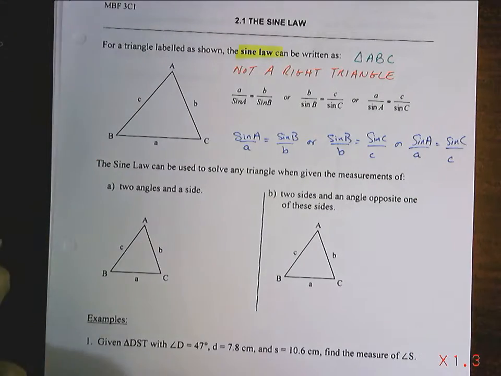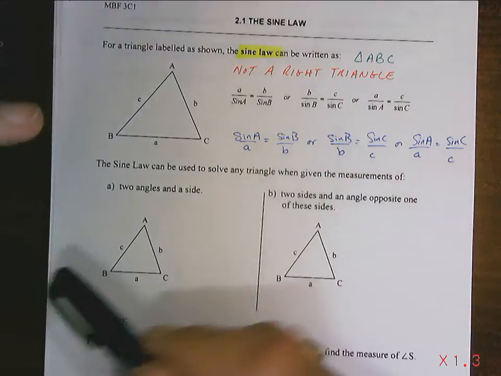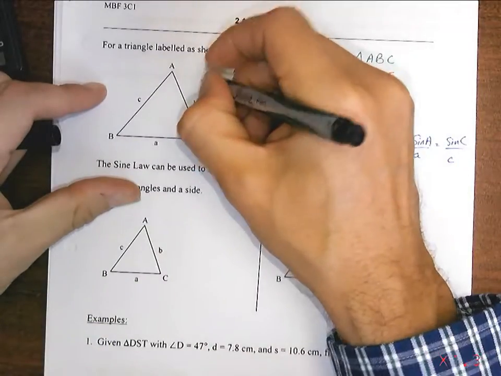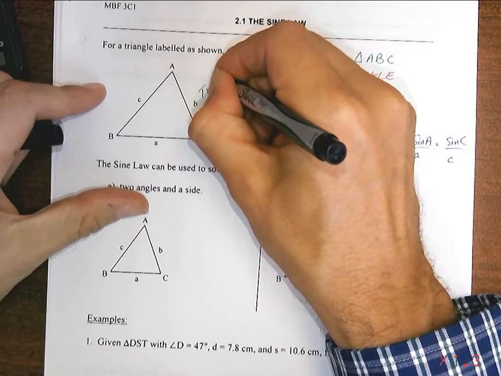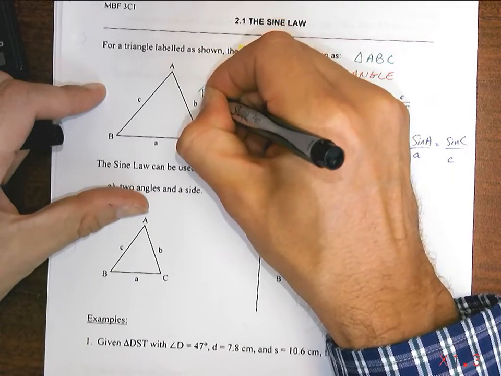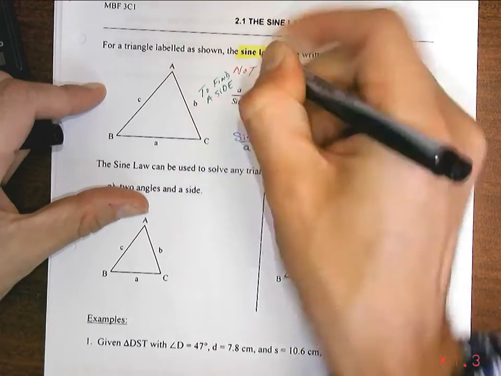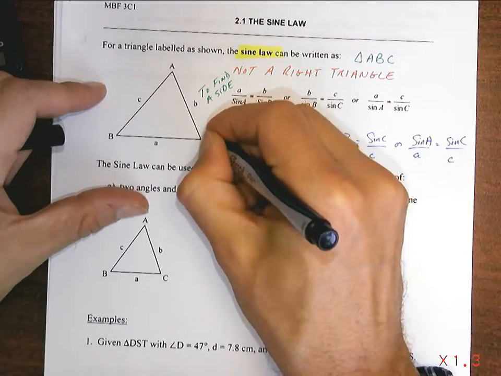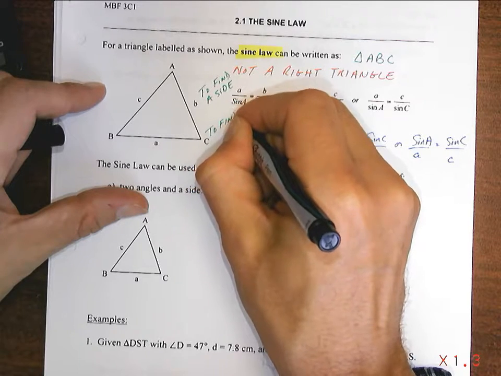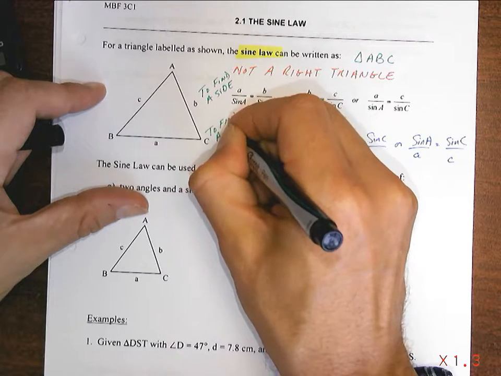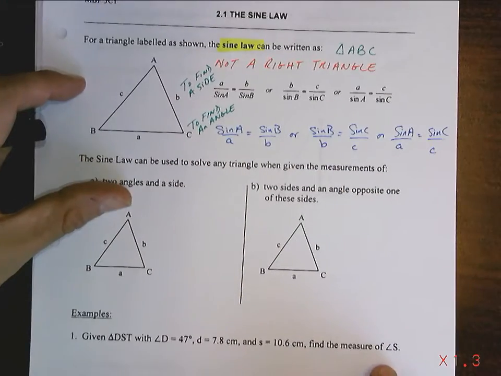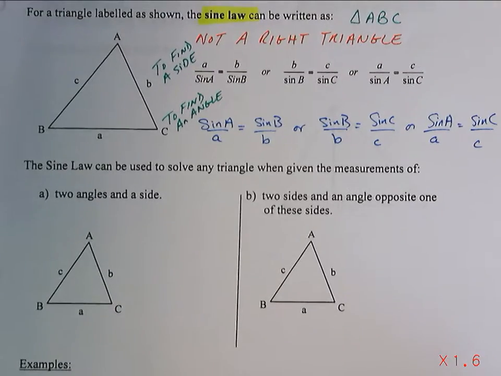So what's important here is that we have both of them that we can work with, and what I would suggest is that this would be to find a side, you put the side on top, and this one to find an angle, you put the angle on top. And that's going to make our life so much easier as we work through our questions.